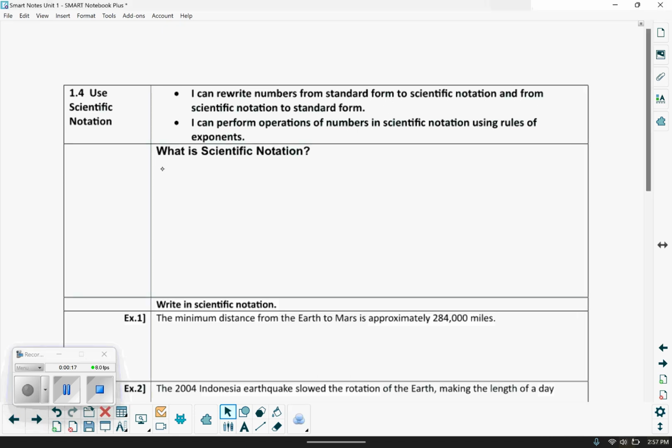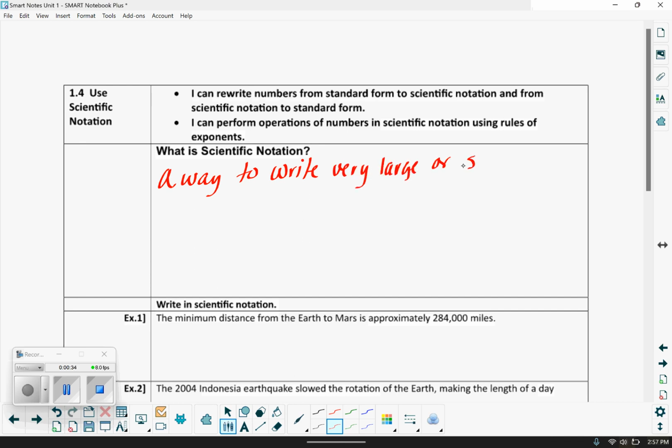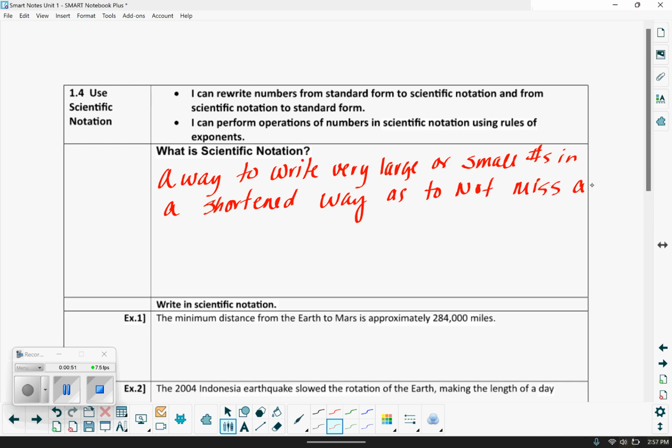It's a way to write very large or small numbers in a shortened way, as to not miss a place value, aka zeros.